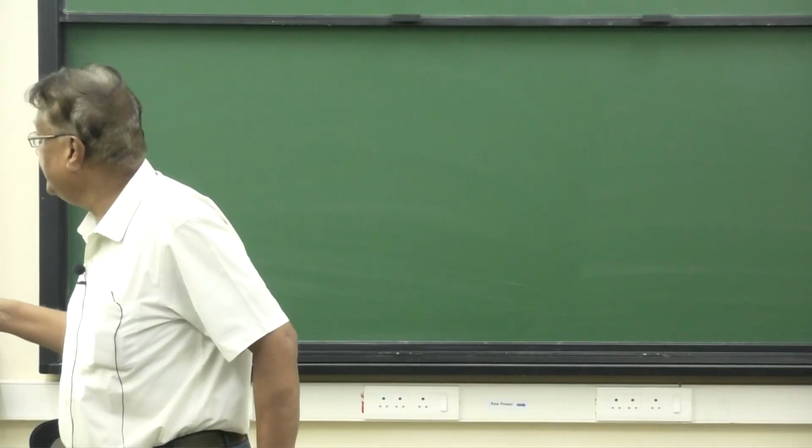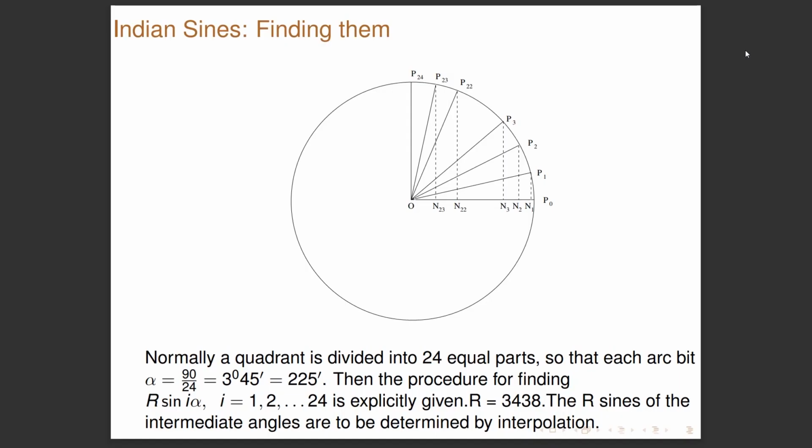Yeah, see, sin i plus 1. Suppose you take this one, this is P23 N23. So that is R sin of 23 alpha, and this is R sin of 22 alpha. Now this minus this, that is the first order difference.